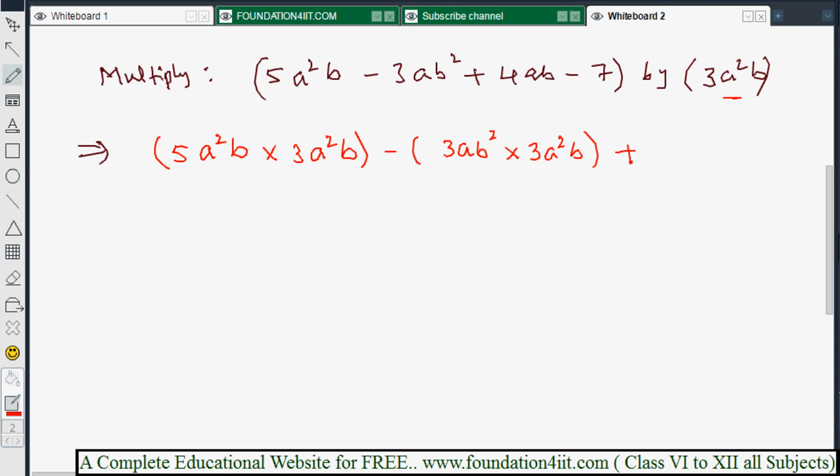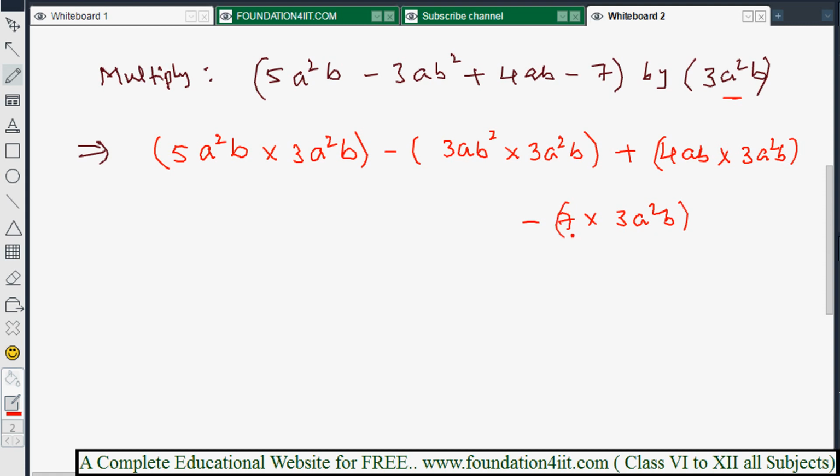Plus, because second term is minus, minus into plus is minus, that time multiplied sign also. Then 4ab also same 3a square b, again minus 7 into 3a square b.